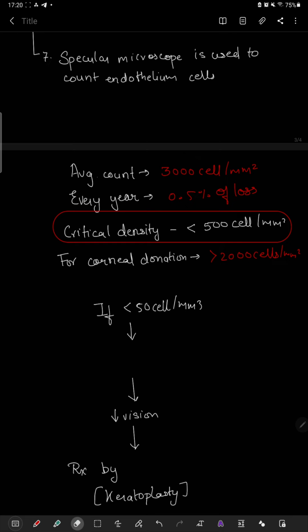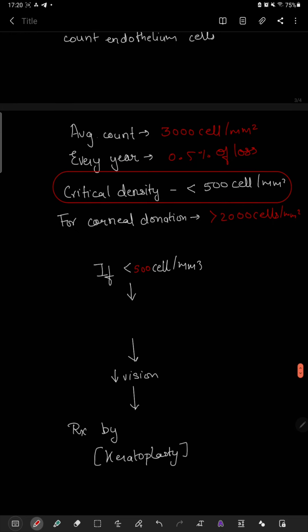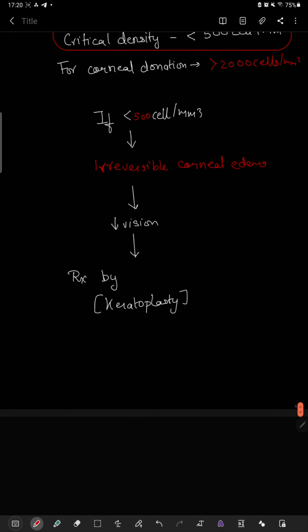Let me make a correction here. If it goes below 500 cells, as I told you, irreversible corneal edema occurs, which will lead to decrease in vision. So to correct it, we do keratoplasty. Keratoplasty simply means corneal transplantation.